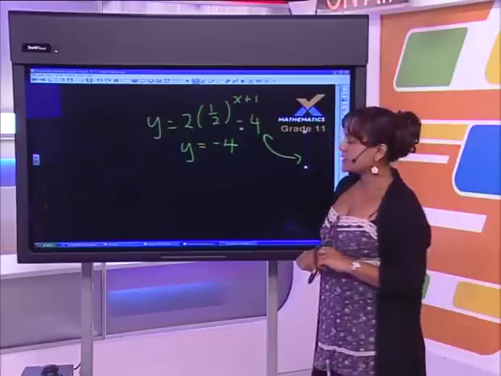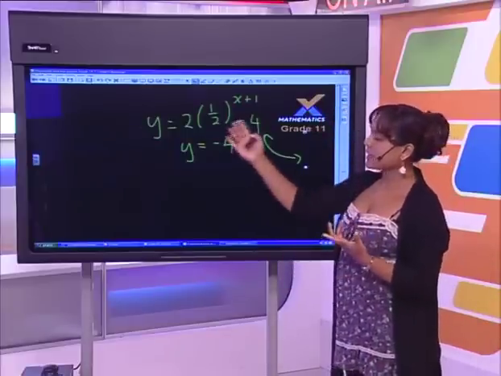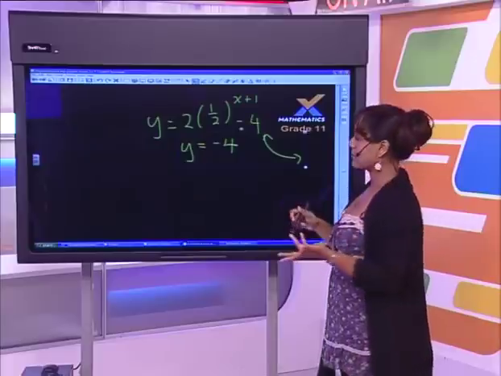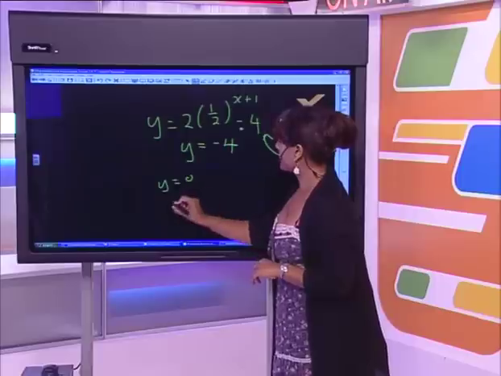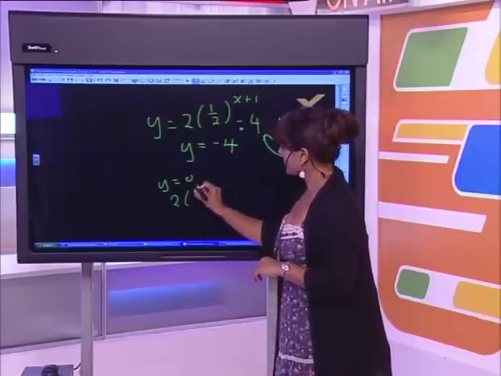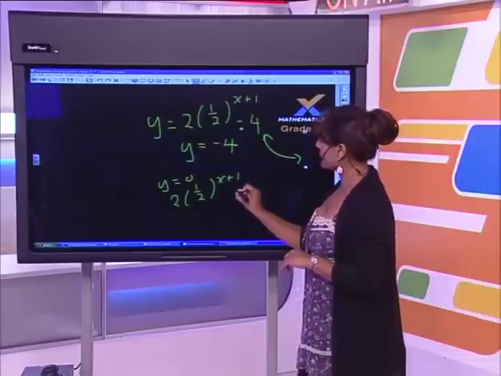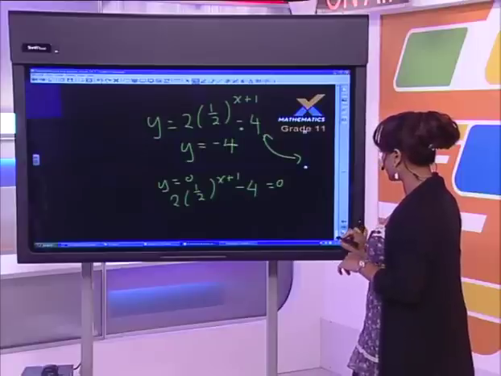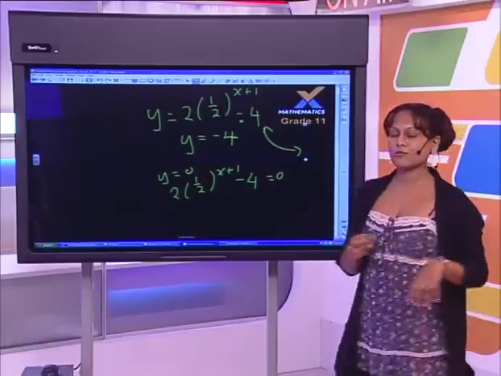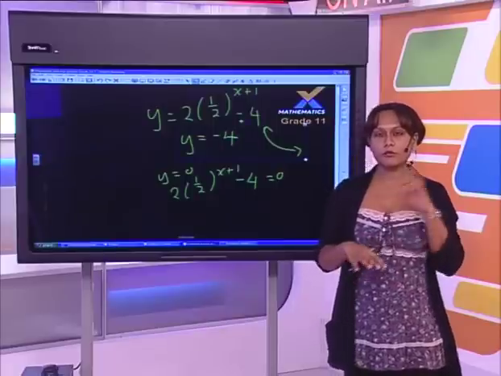Now we need to work out the x-intercept. Remember, to work out the x-intercept, we just set y equal to 0. So I get 2 times a half to the power of x plus 1, minus 4, is equal to 0. As I said to you guys before, when we were starting with these exponential graphs, you need to know your exponent work really, really well.